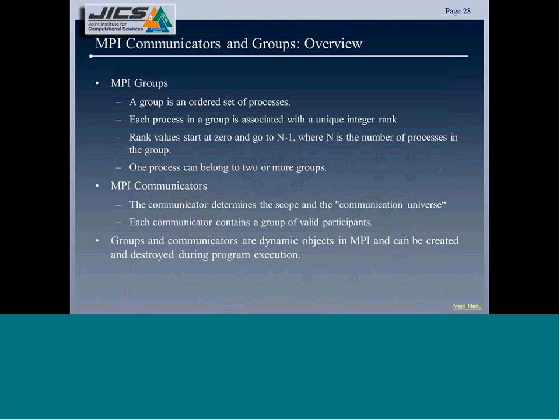One process can have multiple ranks by being in different groups. As far as MPI communicators are concerned, they determine the scope of the communication universe, and each contains a group of valid participants. So that's obvious. Data types, groups and communicators are dynamic objects, and they can be created and destroyed during the runtime.